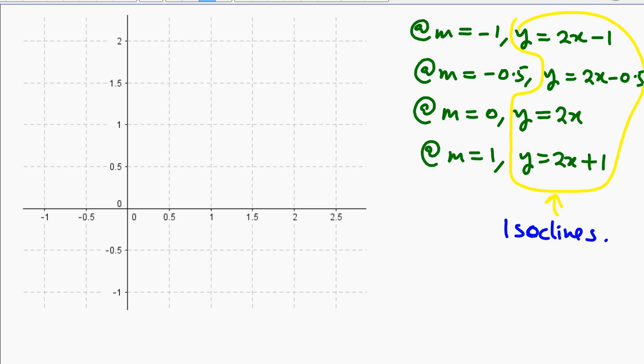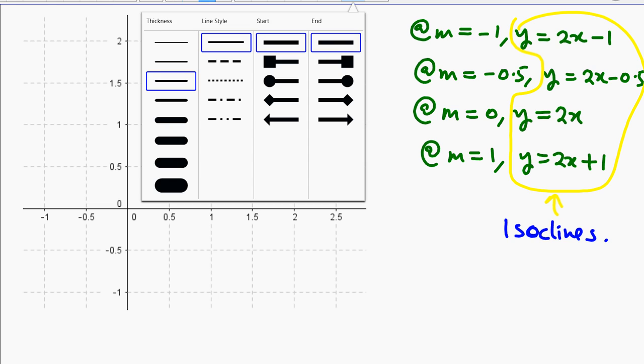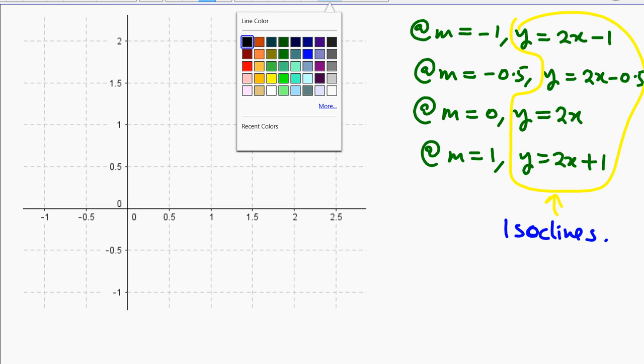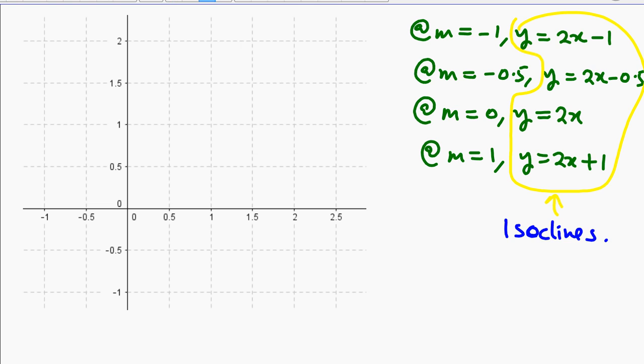So I'm just going to choose a good color to use. The first one will be y equals 2x plus 1, so that passes through here. That's the gradient, so it's going to be like that.